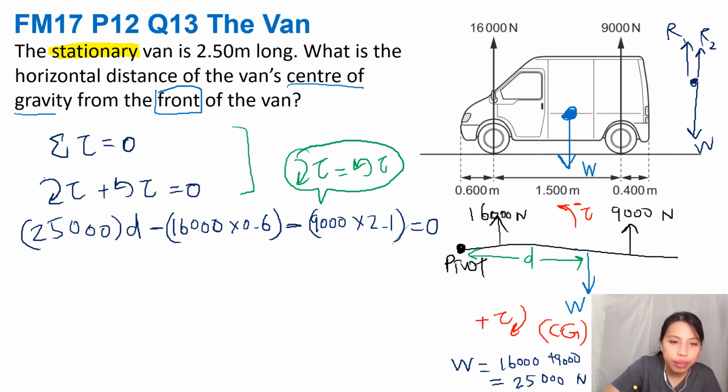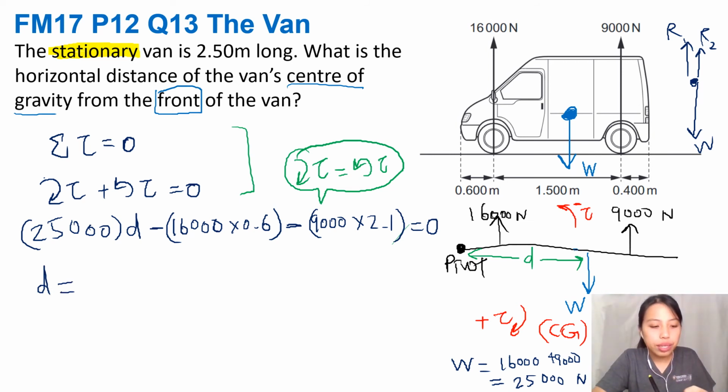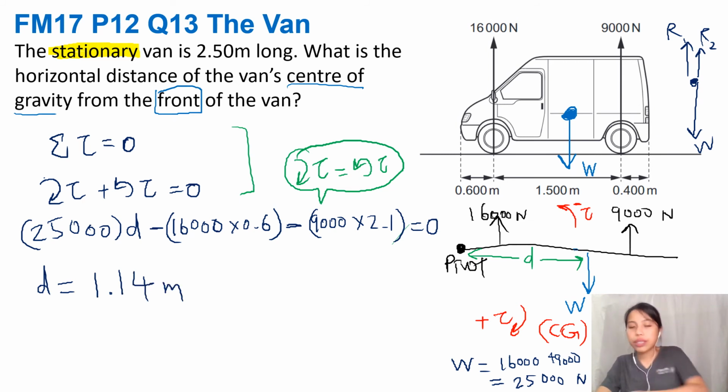So you rearrange, find D. 16,000 times 0.6, plus 9,000 times 2.1, divide by 25,000, is 1.14. So this weight force, which is the center of gravity of the van, has to be 1.14 meters away from the front of the van. And that's how you can find the center of gravity for this van.